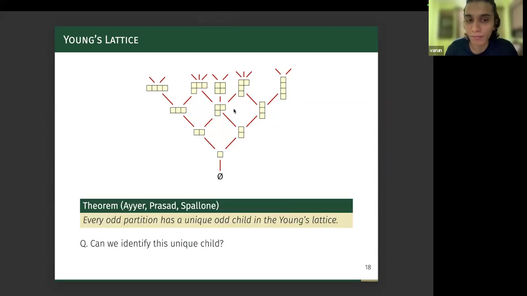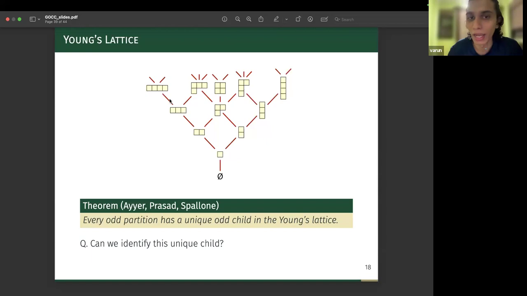It's a theorem of Iyer, Prasad, and Spallone that every odd partition in the Young's lattice has a unique odd child in the Young's lattice. So let's look at it in the picture of the Young's lattice we have here. This row is odd because there's only one way to fill it, which is 1, 2, 3, 4, and it has a unique odd child.